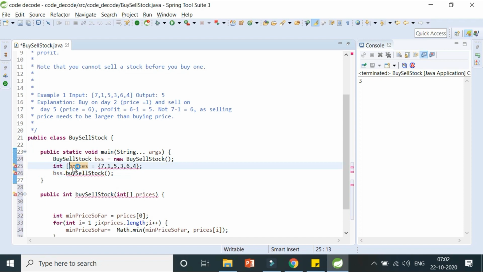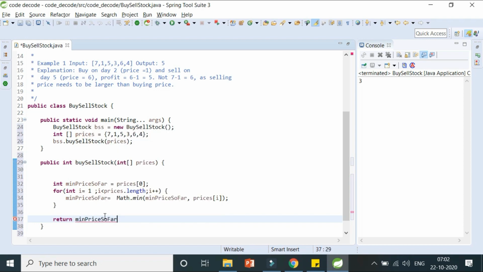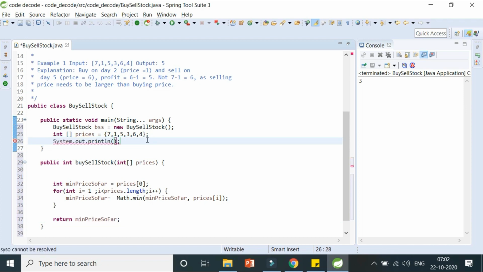Oh, this is an array. Now prices. Okay, and I'm going to return minimum. Okay, let's call it in System.out.println.